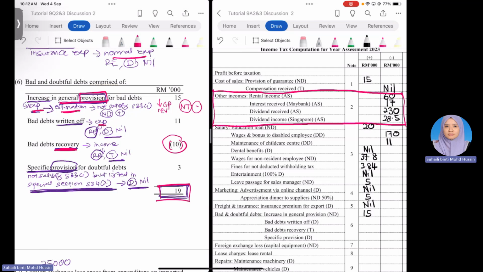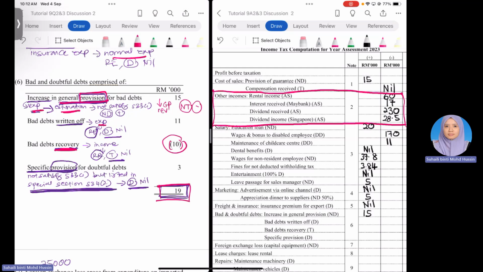Second item in the bad and doubtful debt, we have bad debts written off, 11,000 ringgit. You already include it in the total of 19,000 ringgit. Bad debt written off is an expense in the SOCI.